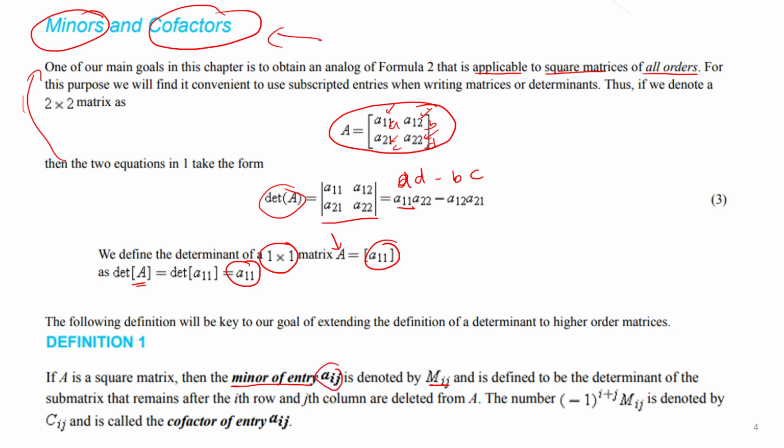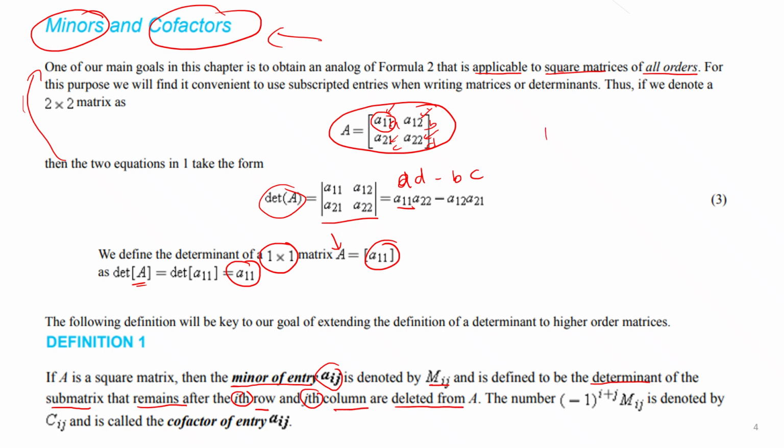It is related to each row and column, where i is the row and j is the column. Each minor of entry Aij, denoted by Mij, is defined as the determinant of the submatrix that remains after the i-th row and j-th column are deleted.